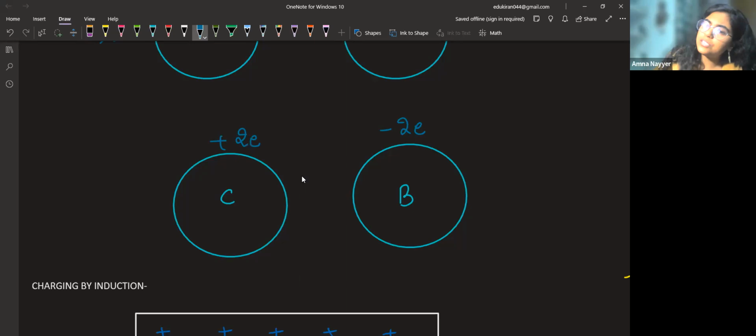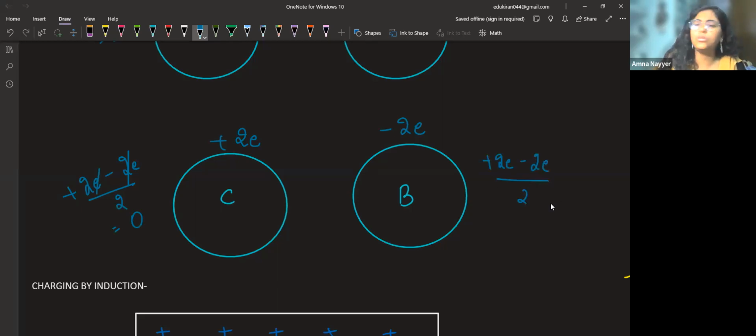Then again charge distribution will occur. Charging by conduction will occur, because both of them are identical. So see, plus 2E minus 2E divided by 2. They cancel each other. This is 0. This also plus 2E minus 2E divided by 2, which is 0.